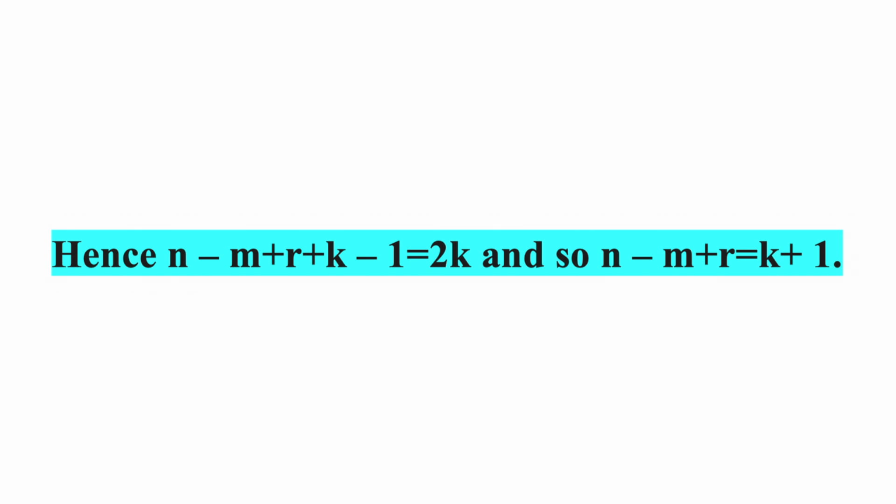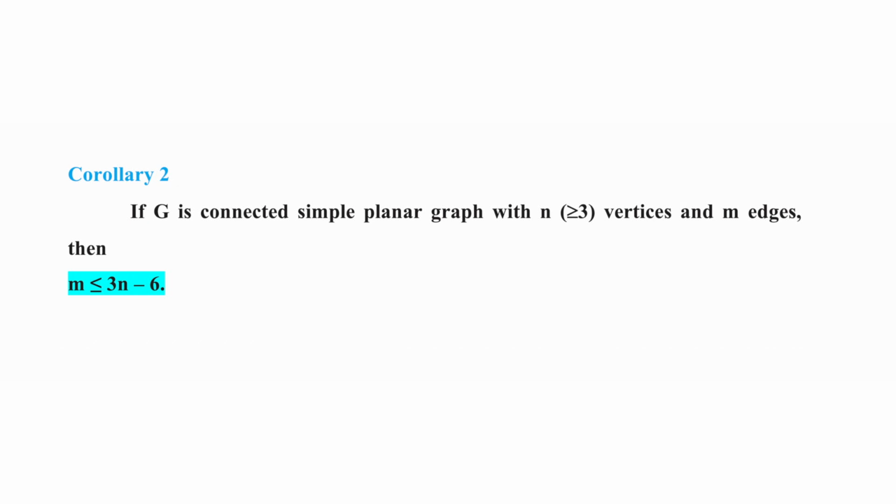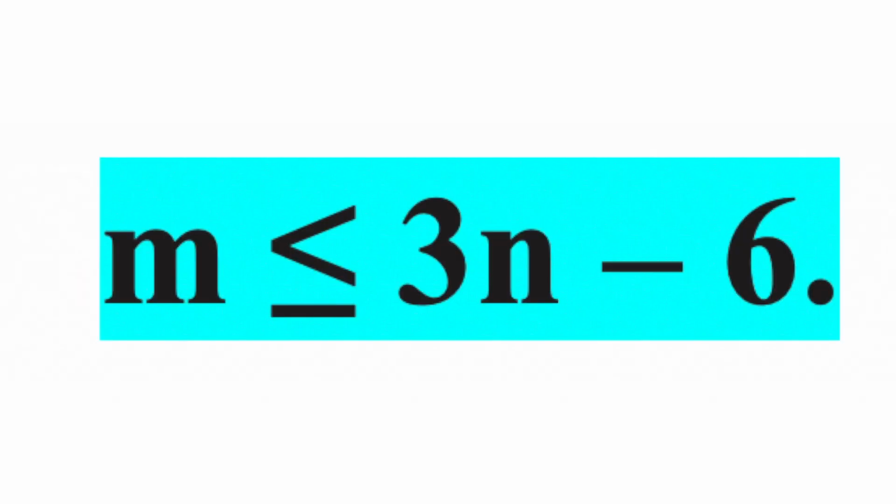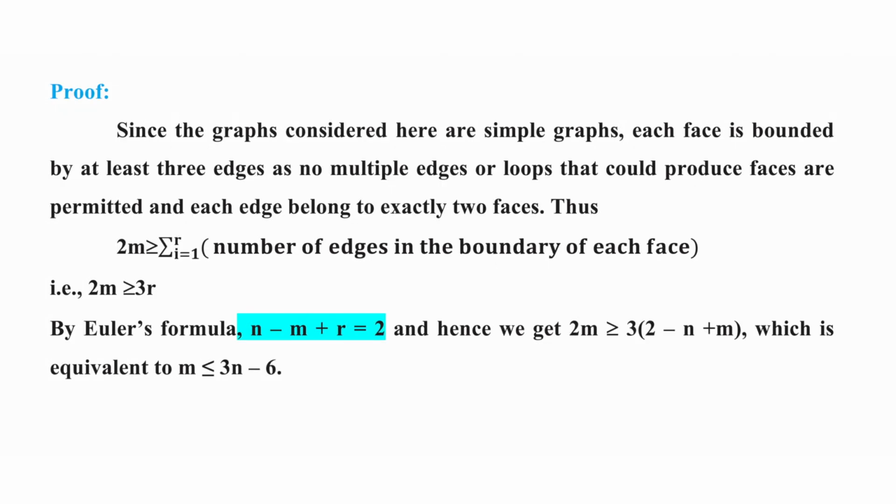This proves the corollary. The next corollary is: if G is a connected simple planar graph with n greater than or equal to 3 vertices and m edges, then m is less than or equal to 3n minus 6. Proof: since the graphs considered here are simple graphs, each face is bounded by at least 3 edges, as no multiple edges or loops that could produce faces are permitted, and each edge belongs to exactly 2 faces.